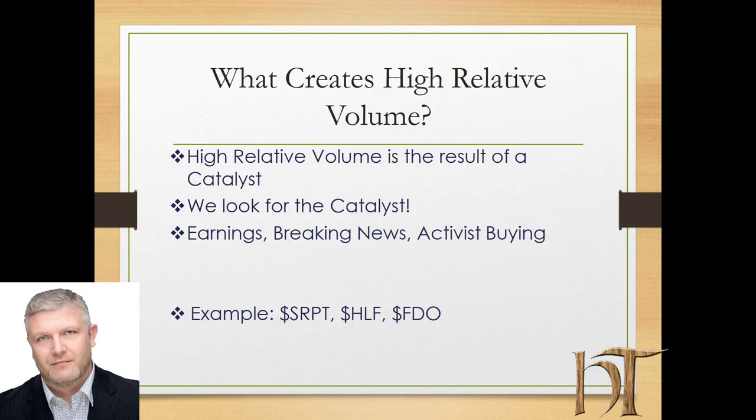When you set up your scanners, you can just look at volume surging, or you can look at the relative volume, and if it's flat average, on a par with its typical volume, it's probably not going to move very much. I look in general for a relative volume of at least twice the average volume, but the higher the better. More relative volume means more people are watching this stock than usual.